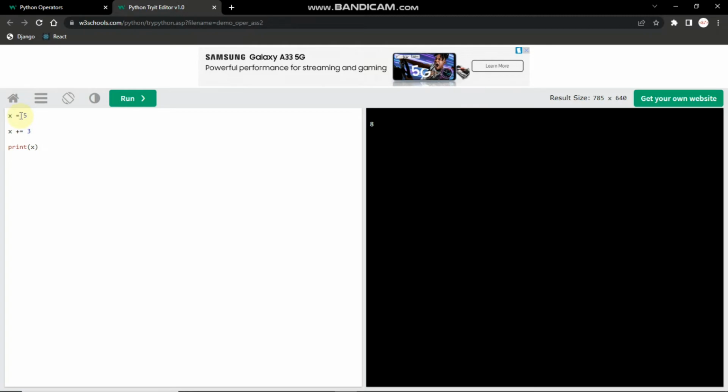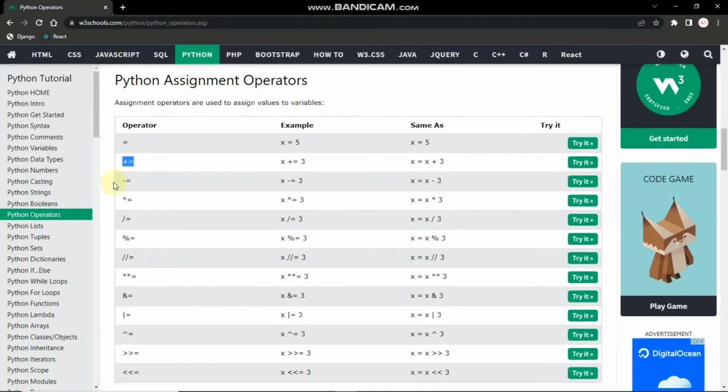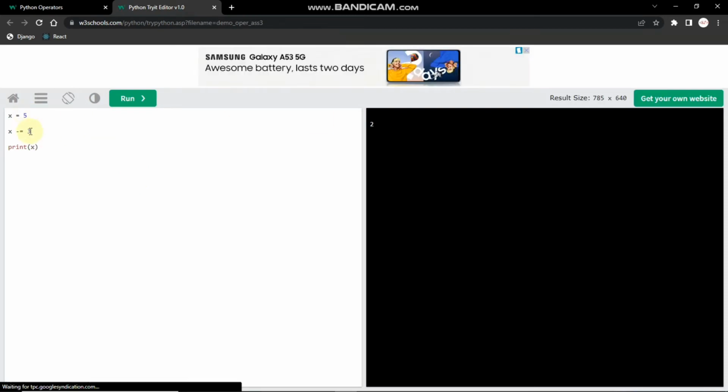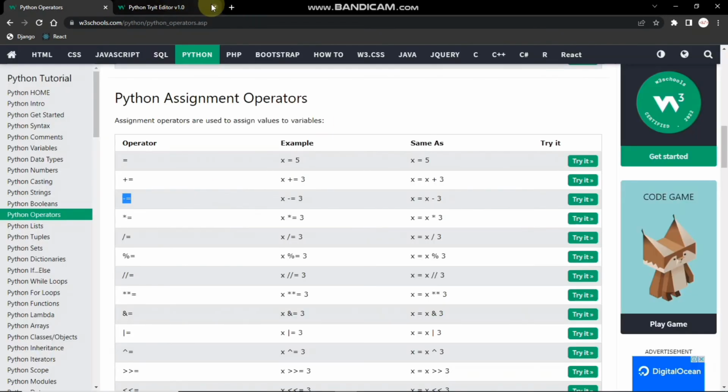This means in x, which is 5, we have to add 3. And like this, you're going to see minus equal. This means in x we have to subtract 3.